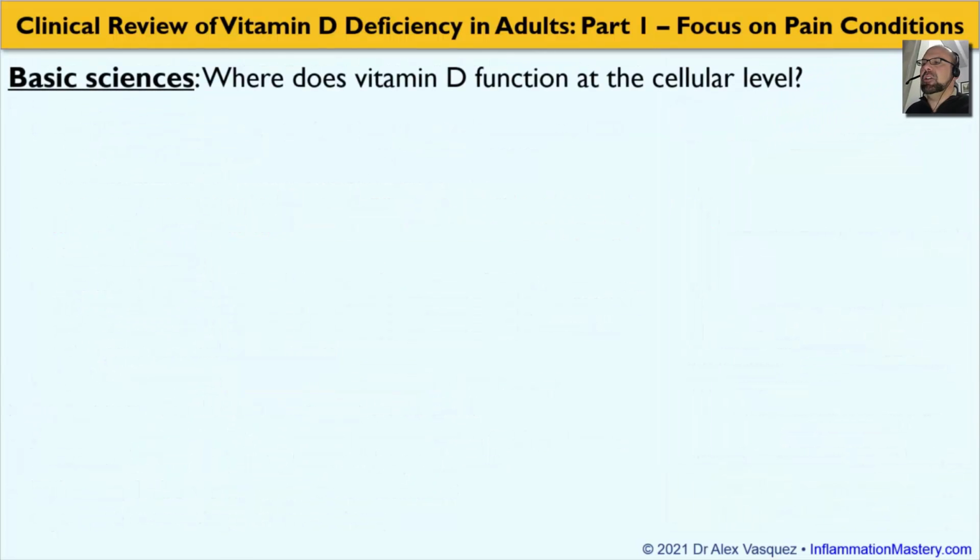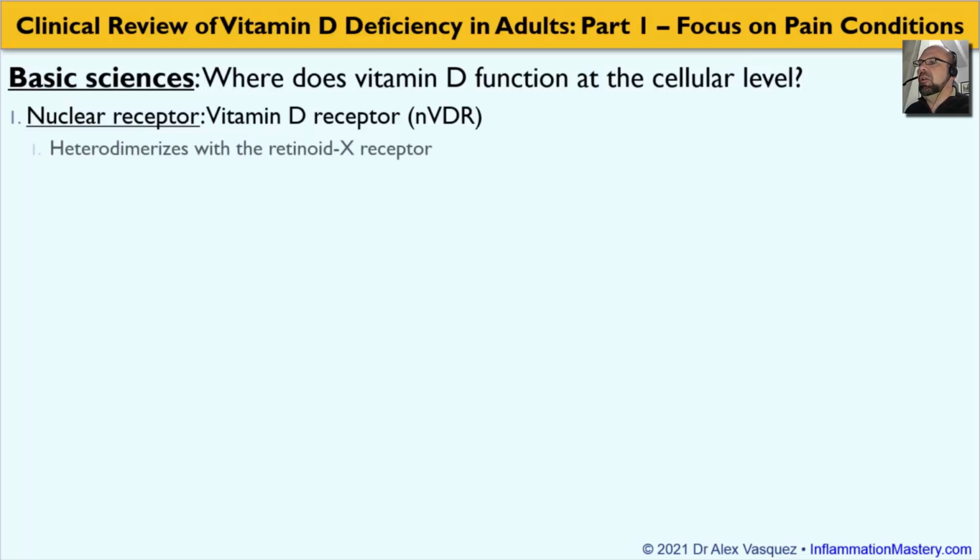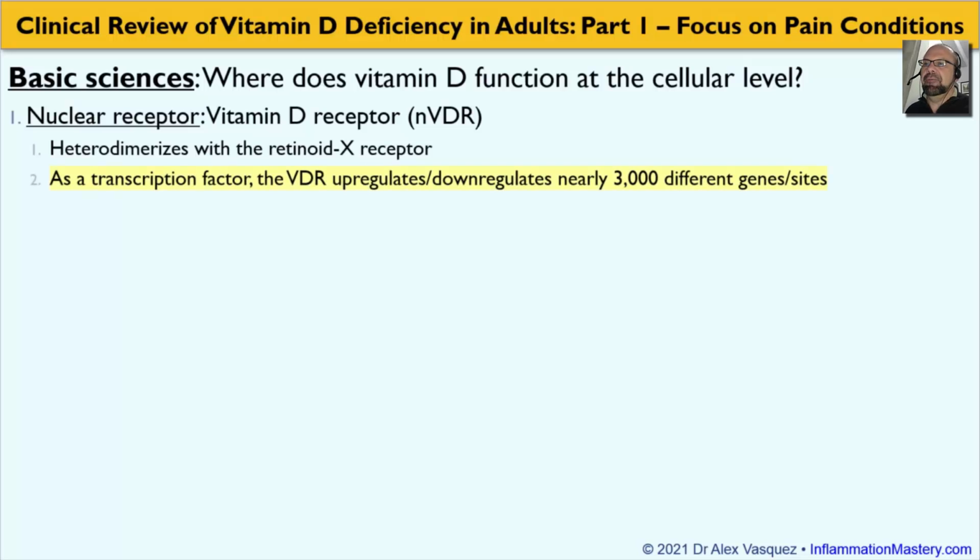So, my basic science question is, where does vitamin D function at the cellular level? The answer to that question is at the nuclear receptor. So vitamin D actually docks onto a vitamin D receptor, a nuclear vitamin D receptor, which heterodimerizes with the retinoid X receptor. As a transcription factor, the vitamin D receptor upregulates or downregulates nearly 3,000 different genes or DNA docking sites.